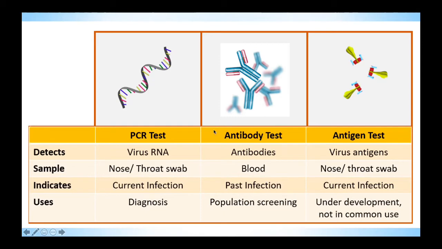So the antibody test is not useful for detecting COVID-19 infection, but it is probably useful if in the future we are to study the prevalence of COVID-19 in certain areas. Definitely, the PCR test is much more sensitive compared to the antigen test.